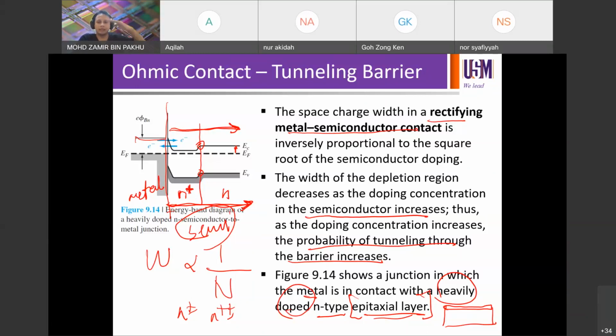The higher the EF, the higher the doping level, right? We talk about that, right? Remember when we talk about intrinsic where the EF equals EI, right? It stays right in the middle of the band gap, Eg/2. But as you increase the N-type doping level, the EF is going to increase, closer and closer to EC, isn't it?